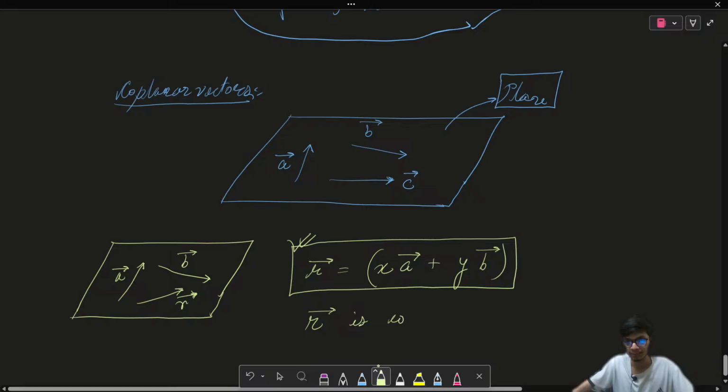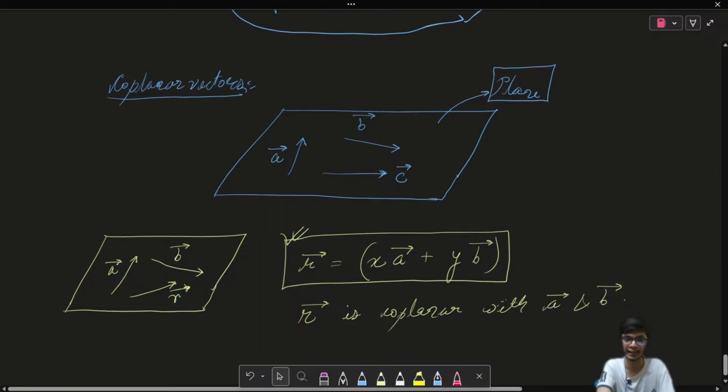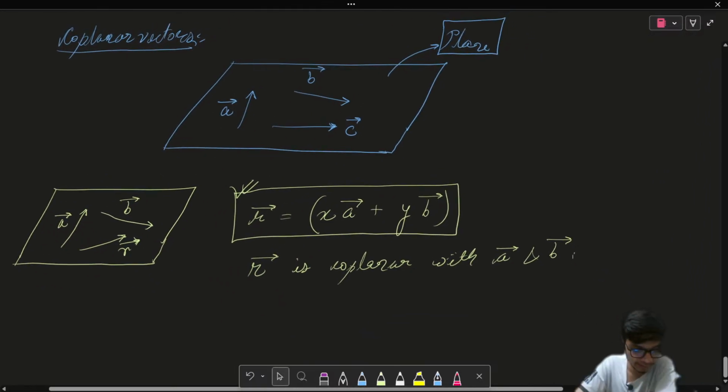If this relation holds true, then r vector is coplanar with A vector and B vector. I hope this is clear to all of you.